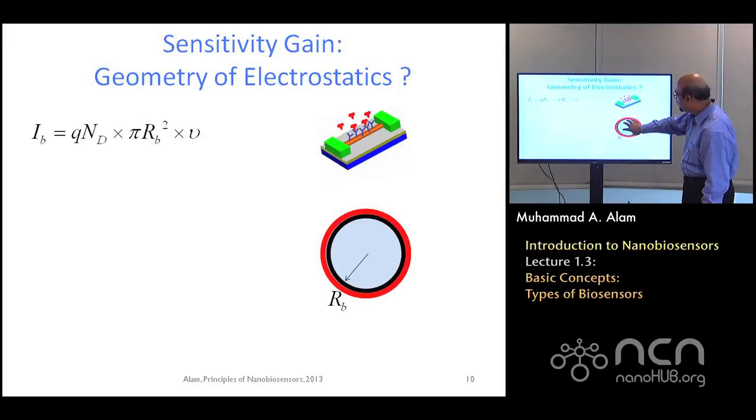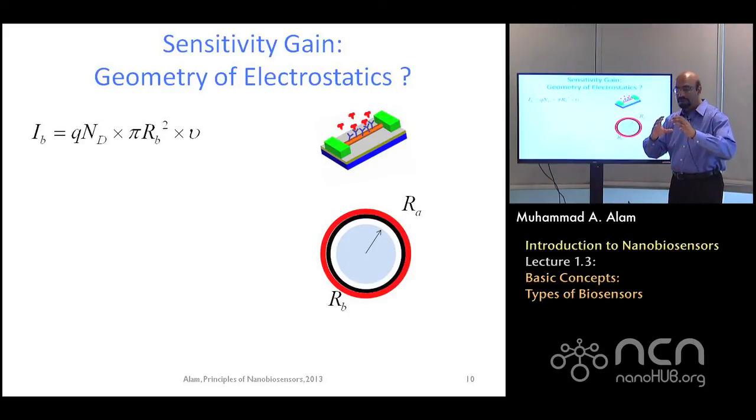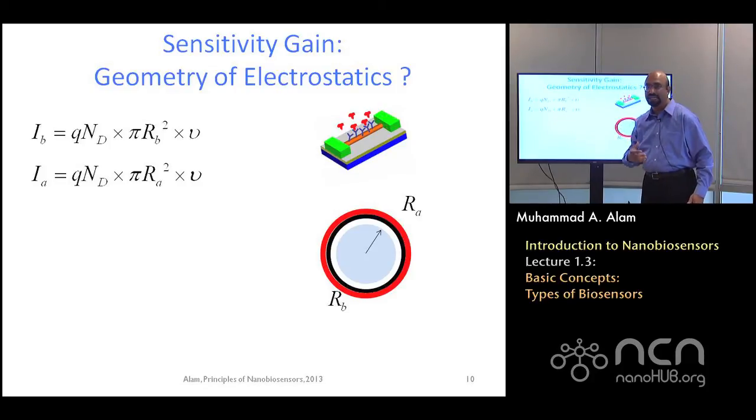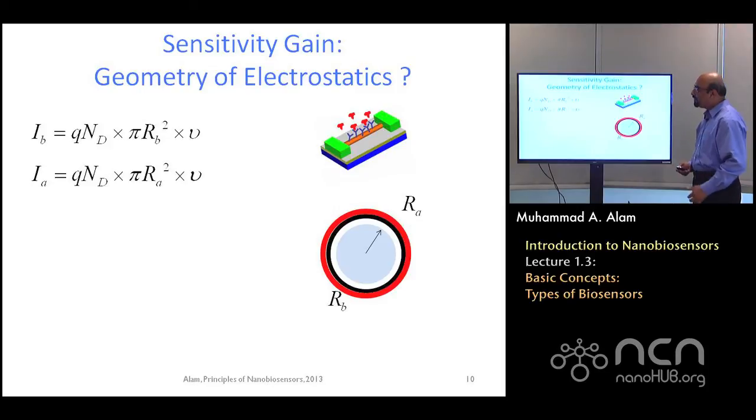The free carriers inside will be repelled, and there will be a region that is depleted of mobile charges. This is the white region. So my current has been reduced because the cross section has been choked off. What is the new current? The new current after the capture is proportional to R_A squared, the radius after capture.